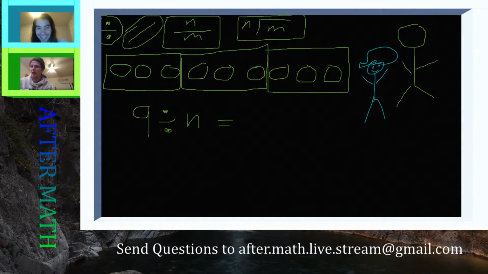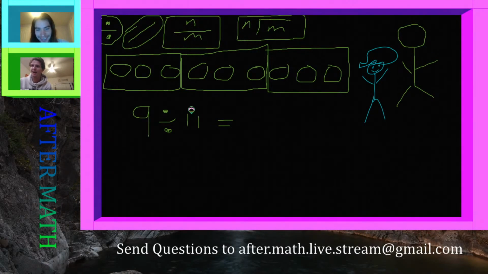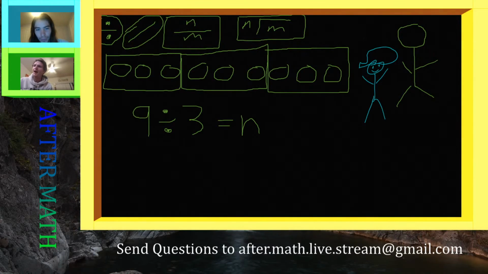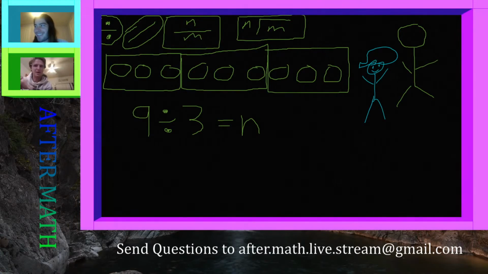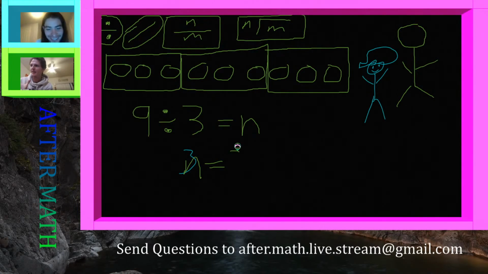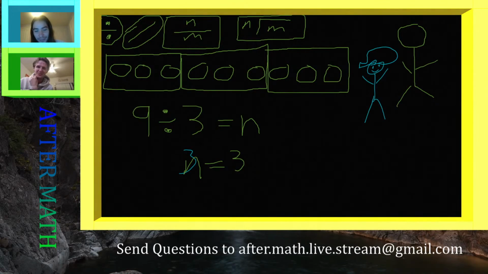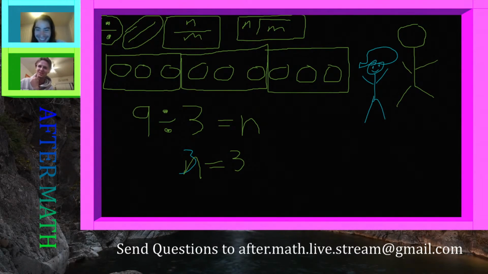Just kidding, I did know that. 3, and it equals some number that we don't know. But now we do know it because Kip did his job very good. Good job, Kip. And how many boxes did we end up with? We ended up with 3 boxes. So now I can go to the store and buy my 3 boxes back with the money. You can go get some more balls or circles.